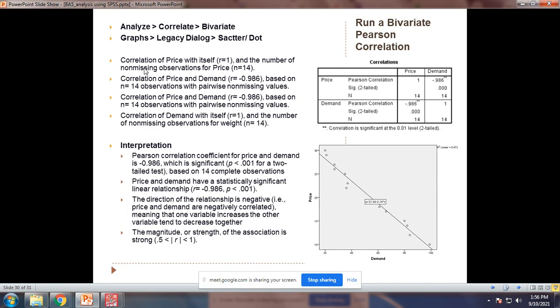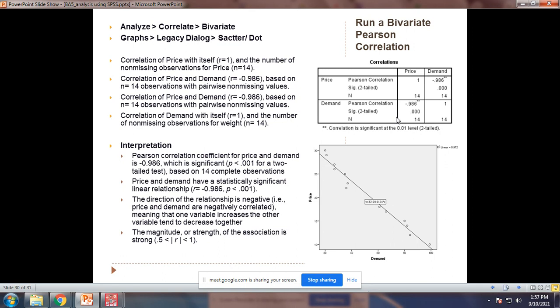I have just tried these 4 points which you see over here are just an explanation for the values which you have in this particular box. So the first one is correlation of price with itself. So R value is 1. Then correlation of price and demand, which is minus 0.986. Correlation of price and demand again, which is minus 0.986, and correlation of demand with demand is 1.